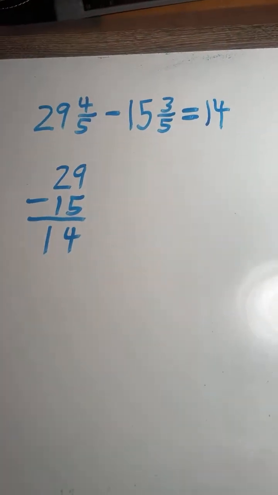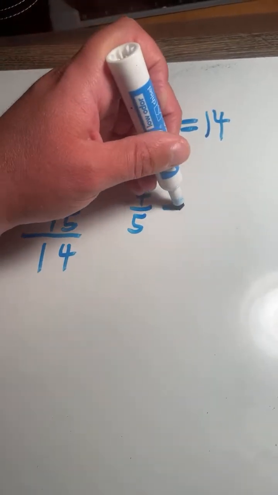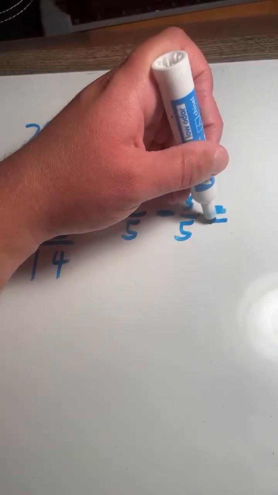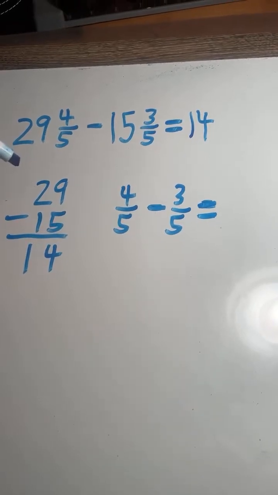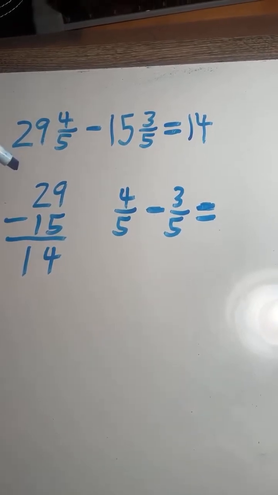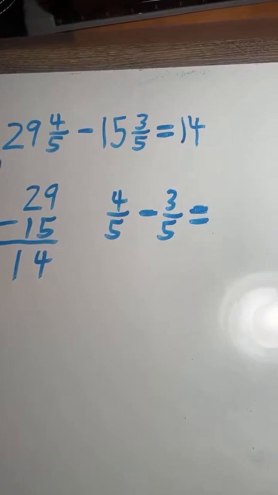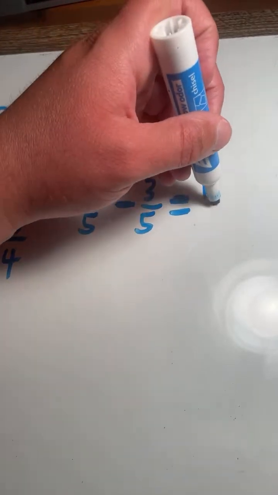Step 2, we subtract our fractions. 4/5 minus 3/5. 4 minus 3 equals 1.